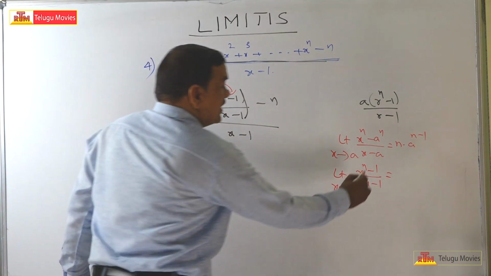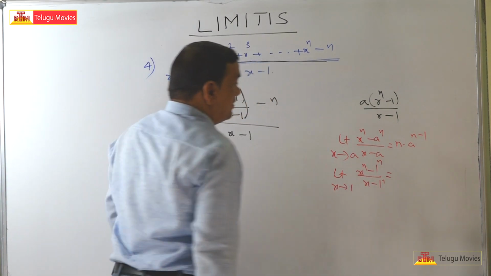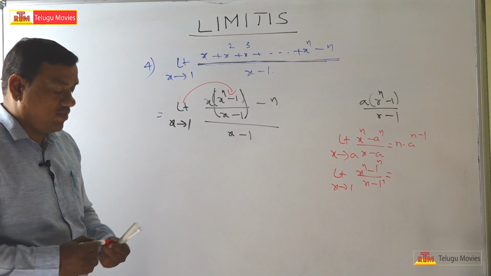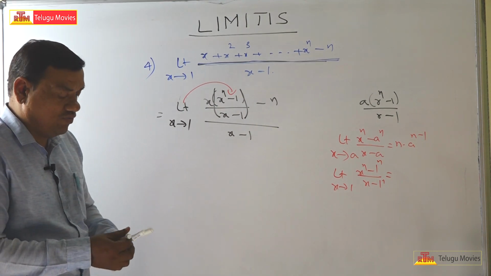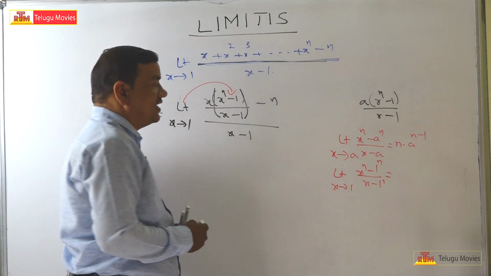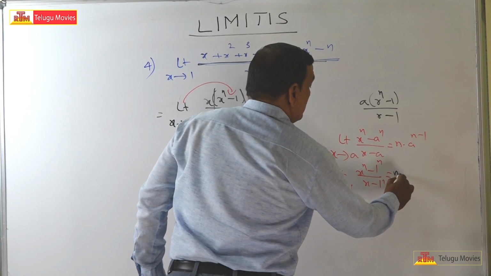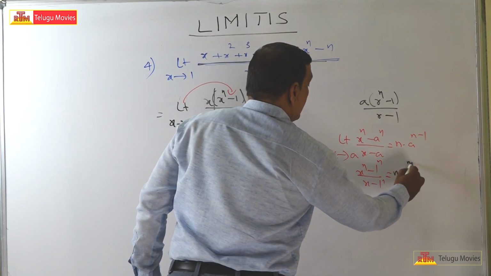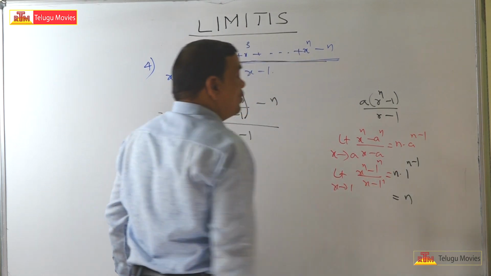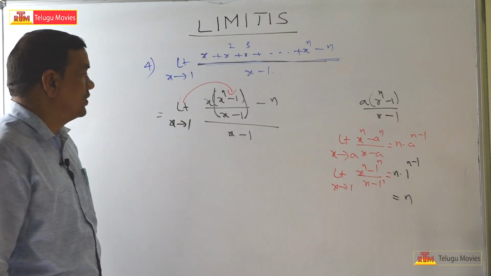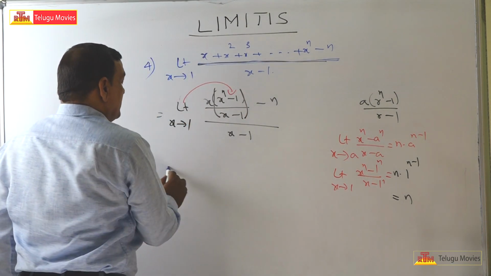We can write 1 power n here. So if you apply that formula, what you will get is n into 1 to the power of n minus 1, that is equal to n. So up to here you are getting n.